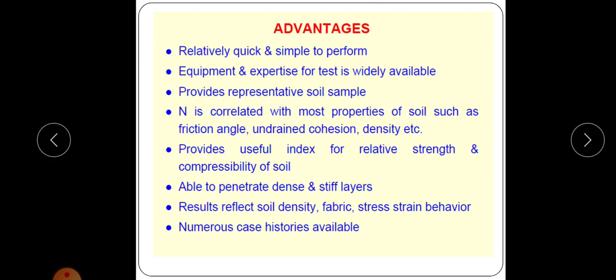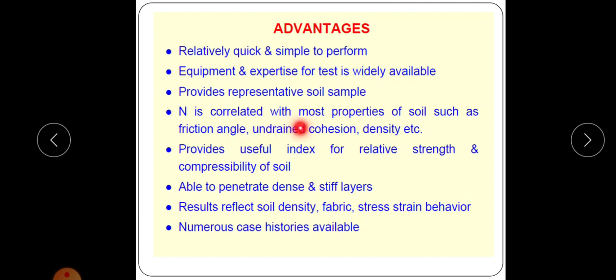Before that, we can discuss the advantages and disadvantages of SPT, the standard penetration test. Advantage means this experiment is relatively quick and simple to perform, and the equipment and the expertise for the test are widely available, and it provides a representative soil sample because we are doing the experiment in the field itself, so the soil sample will not be disturbed.